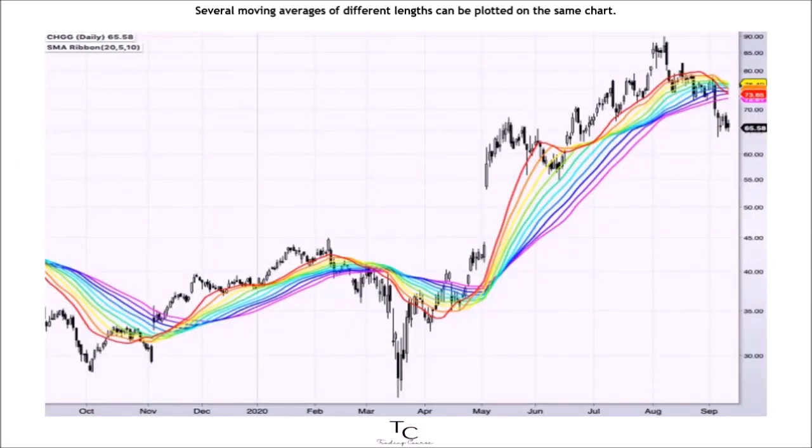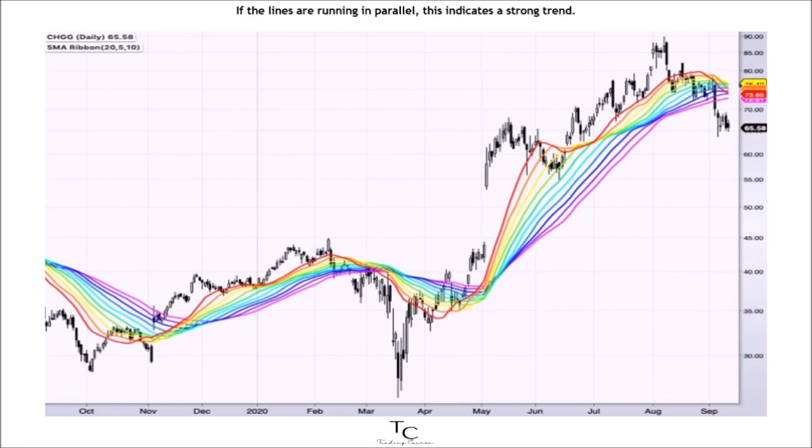Several moving averages of different lengths can be plotted on the same chart. The moving average lines resemble a ribbon moving across the chart. In addition to analyzing individual moving average lines on the ribbon, chartists can glean information from the ribbon itself.